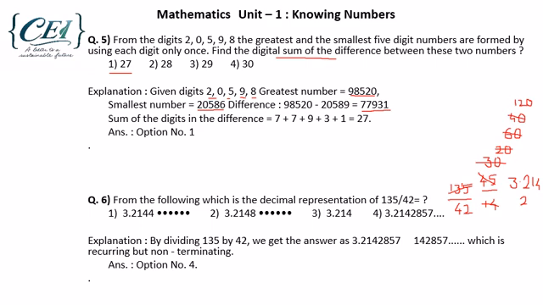So this is the number: 3.2142857 and repeating. If you keep on going, we get a recurring pattern. So from the following, which is the decimal representation of 135/42? This is the decimal representation, because after that you get a repeating number. So option 4 is the correct answer.